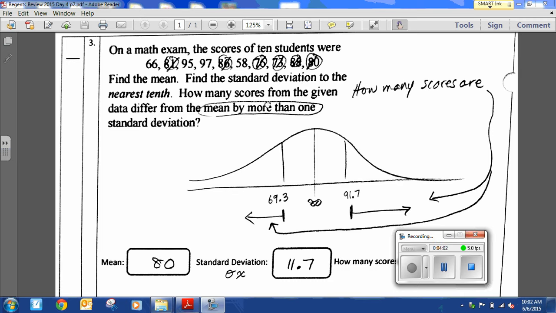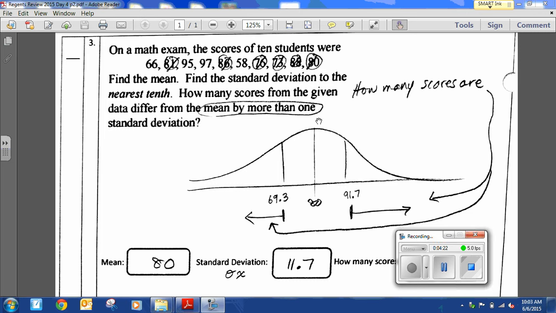Then we hit stat, one variable statistics, L1, hit enter. And you see that x bar is 80, that's the mean. And the standard deviation, not the sample, but the population standard deviation, is 11.7 rounded to the nearest tenth.